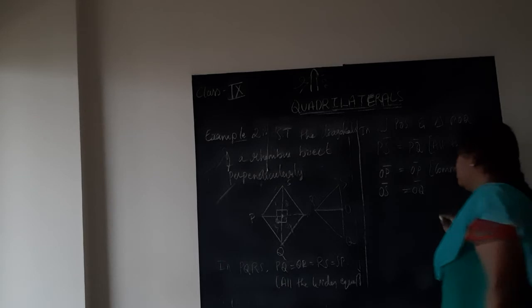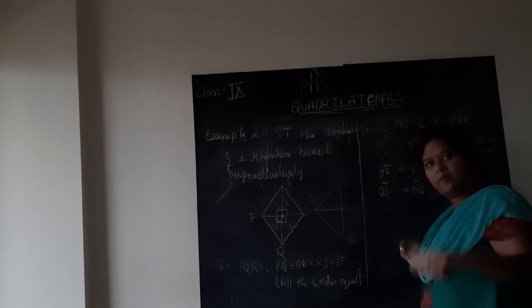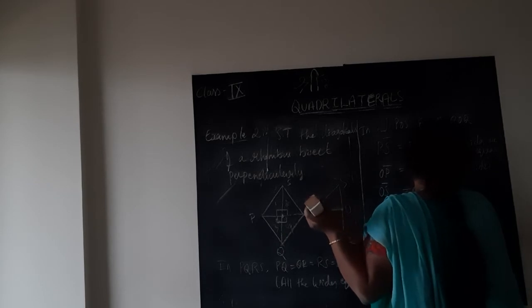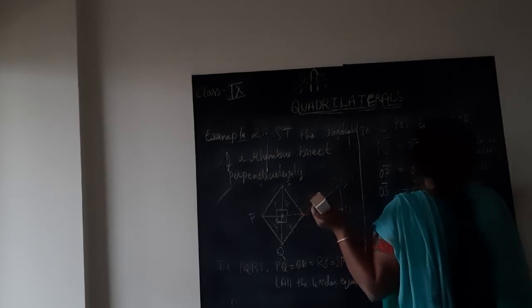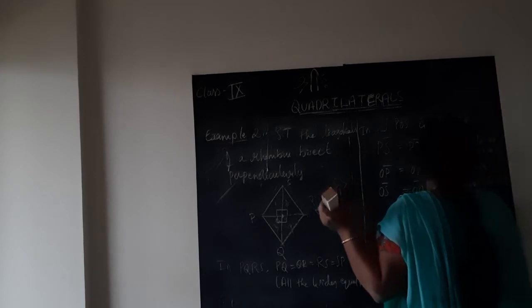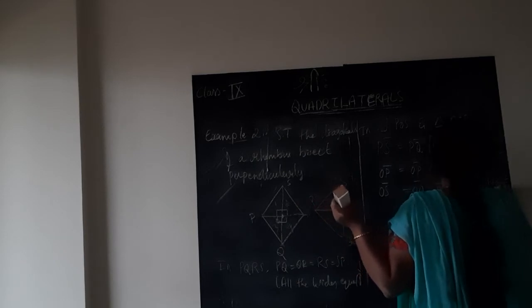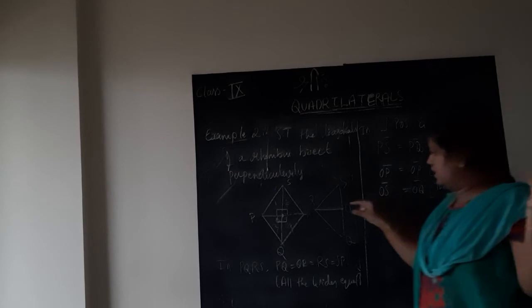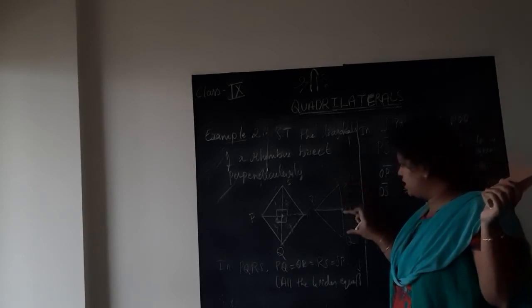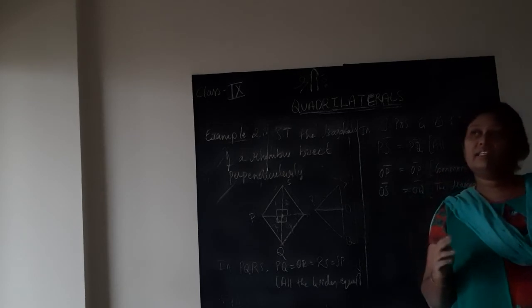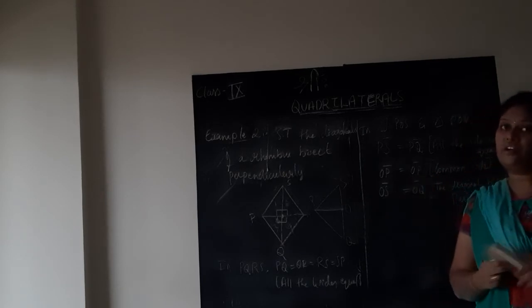Of course I can write. Why? Because I know one more property of the rhombus, that is the diagonals bisect perpendicularly from that point, children. If it is bisecting each other, this distance will be equal to this distance. So to understand this, just recall the constructions you have done.